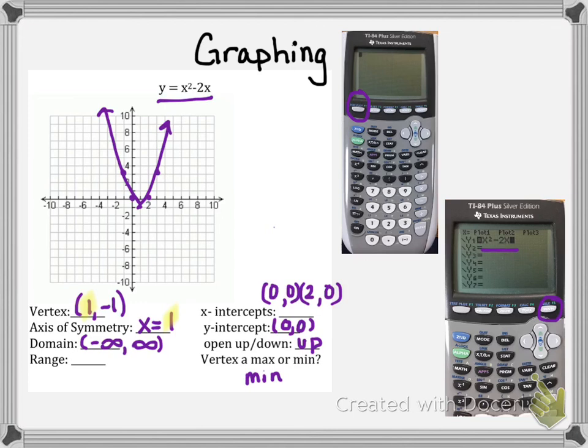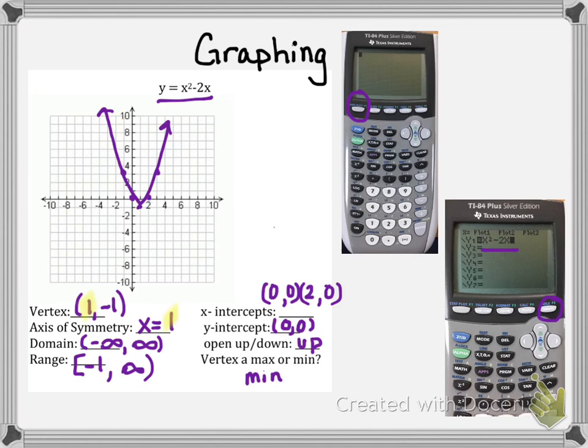So we say, how low does this graph go on the y? It goes from -1 inclusive, so we use a bracket, through how high? Well, it continues to go up forever, so through as high as positive infinity. And this is all the important information that we would want to graph.